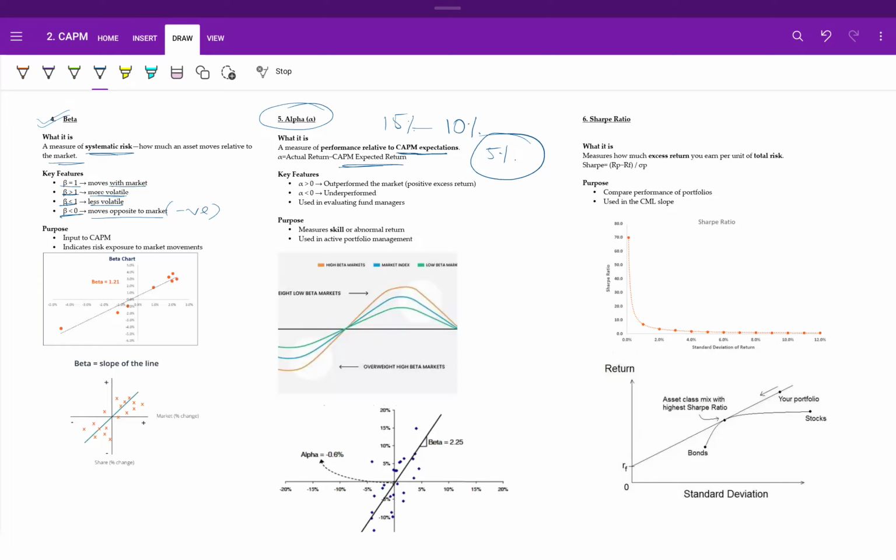Sharpe ratio measures the excess return you earn per unit of total risk, RP minus RF upon sigma P.